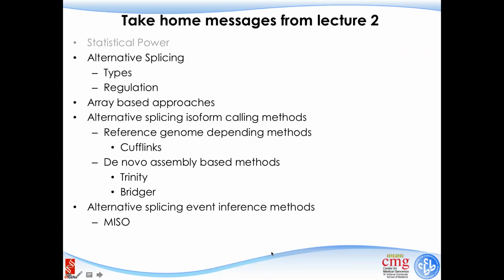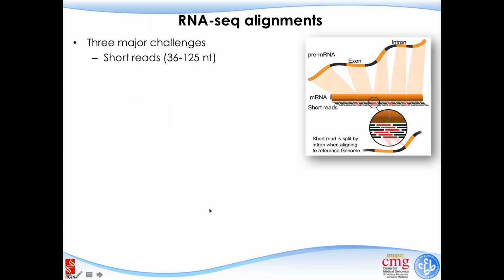And also in the second lecture, we majorly discussed alternative splicing, the types and regulation, and the array-based approaches, and also alternative splicing isoform calling methods, including two major categories. One is reference genome dependent, and the other is de novo assembly-based methods. And also we talked about alternative splicing event inference methods, with an example of MISO.